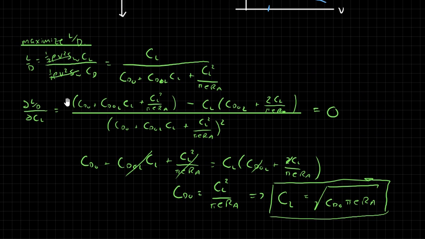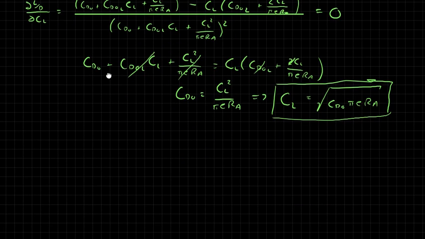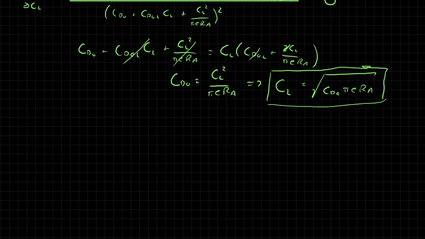So if we come back up here, we call lift to drag ratio CL over CD, which is a function of CL. And if we use this maximum L over D CL and plug it back in, we'll find maximum L over D. So that's going to look like this.